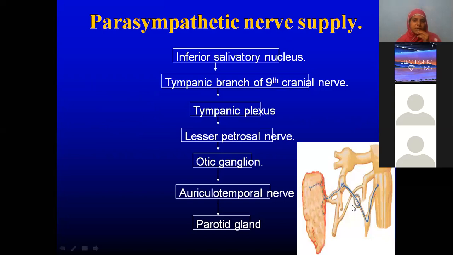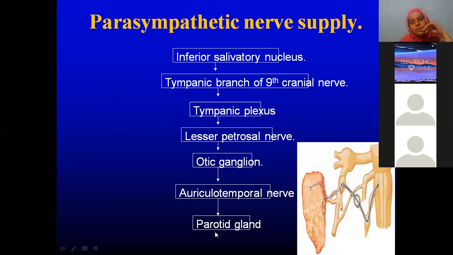Okay. When you trace this nerve supply, it starts from the inferior salivatory nucleus, passes through the glossopharyngeal, ninth cranial nerve. It forms the tympanic plexus, then joins the lesser petrosal nerve, then otic ganglion, auriculotemporal nerve, then it supplies the parotid gland.